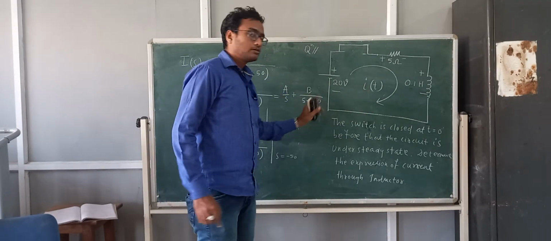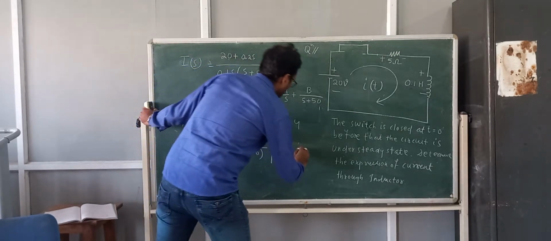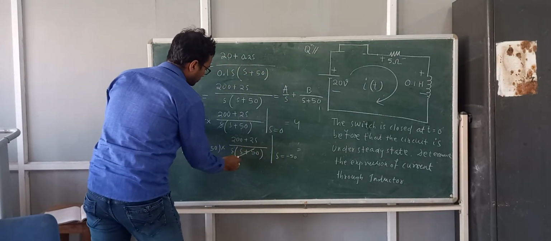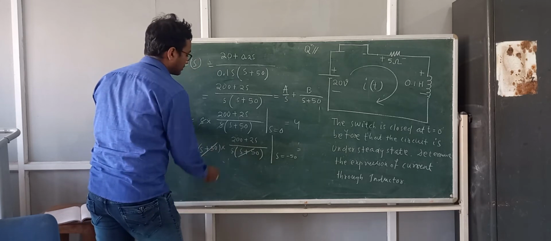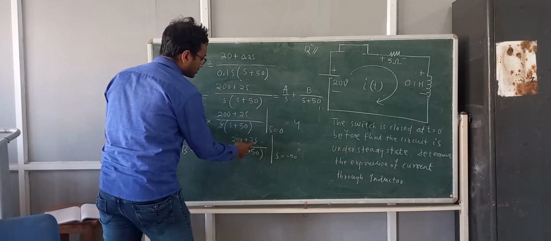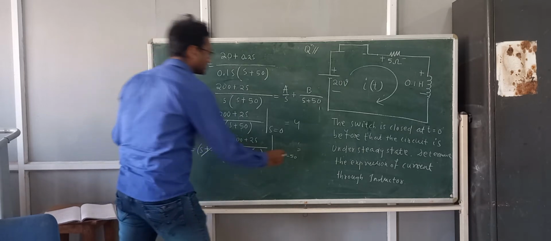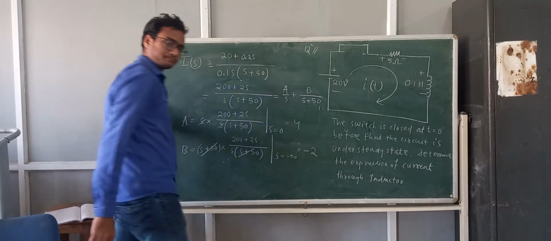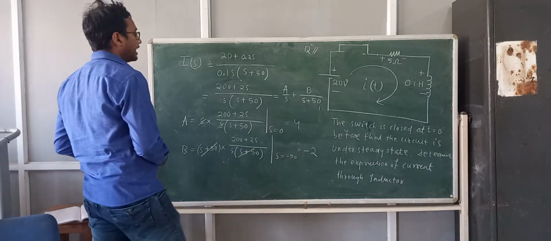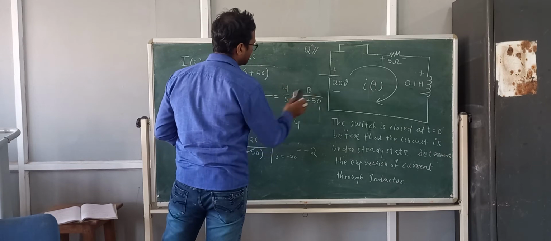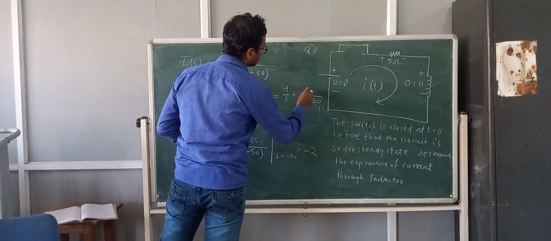So s is equal to minus 50. s plus 50 will be cancelled out. This is minus 50, minus 100, 100 by minus 50 is minus 2. So A equals 4, B is equal to minus 2.